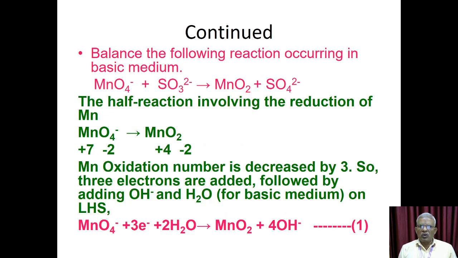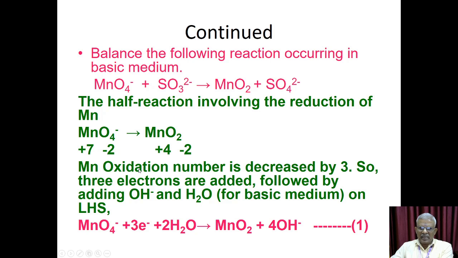Now balance the following reaction occurring in the basic medium. So this is an example. This is the skeleton for this reaction. Now the half reaction involving the reduction of manganese. Your manganese is in plus 7 state here, and here it exists in plus 4 state.